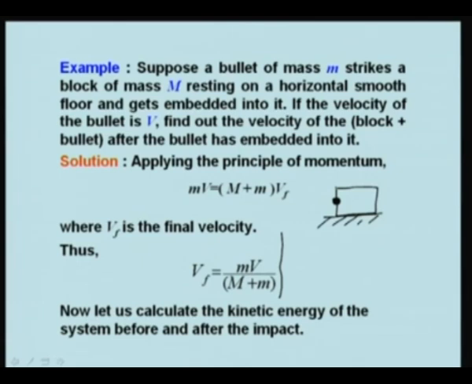So, in the beginning, vf may still be considered as mv divided by m plus m. However, after that, its velocity will keep on reducing because of the friction. Now, let us calculate the kinetic energy of the system before and after the impact.